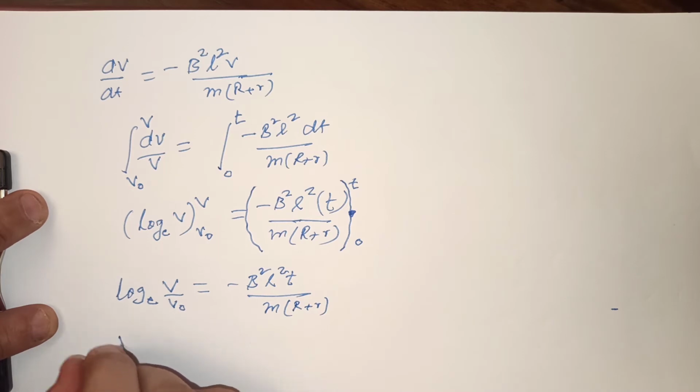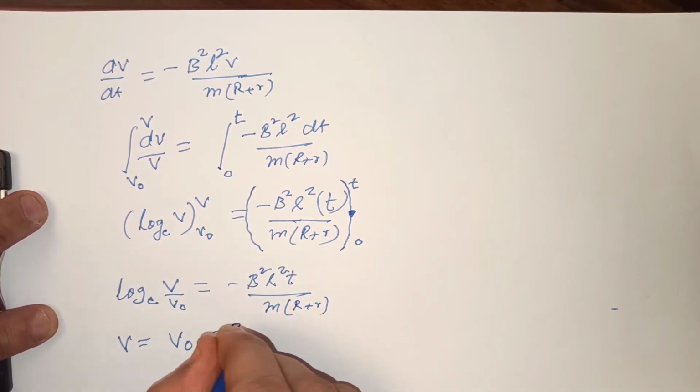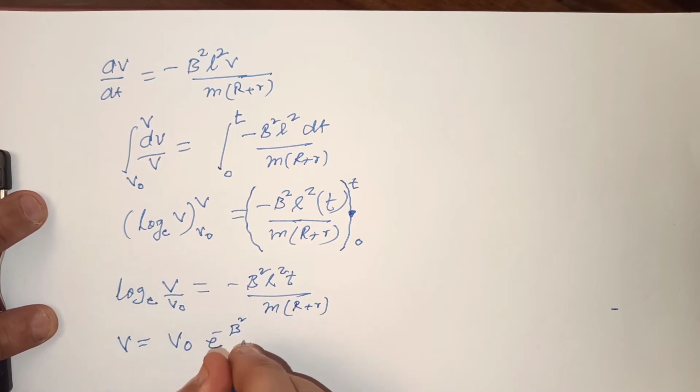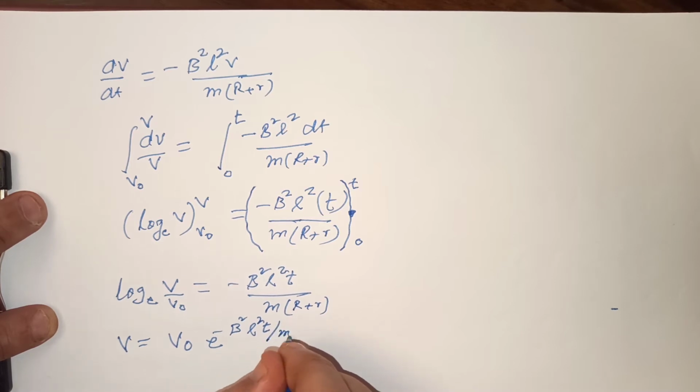Further, V is equal to V naught e to the power minus B square L square T, divided by M into R plus r.